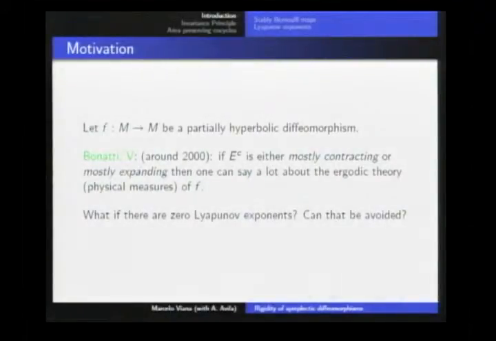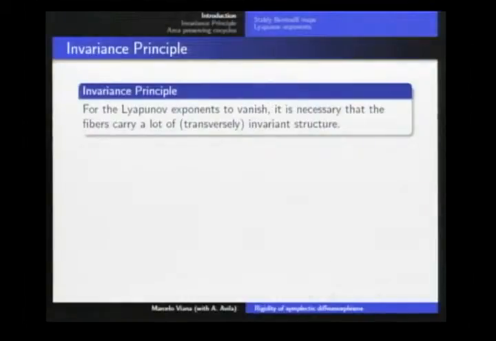And that is the content of this statement, which, after Artur Avila and myself, we called the Invariance Principle. This is not a theorem, but there are several theorems with this flavor, and that's why we call it the principle.